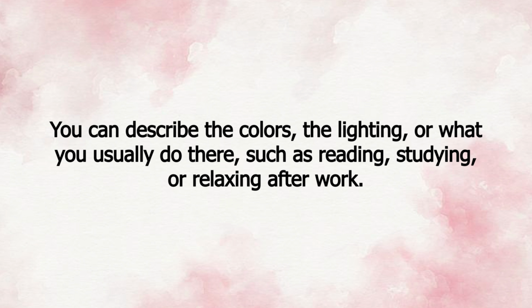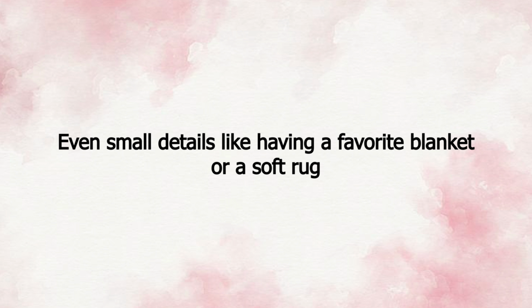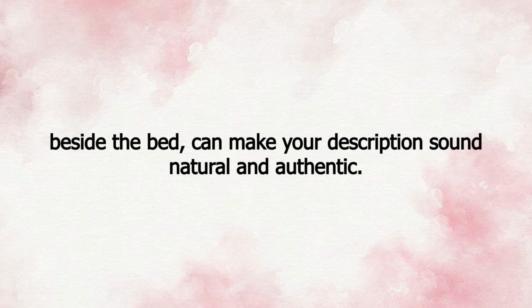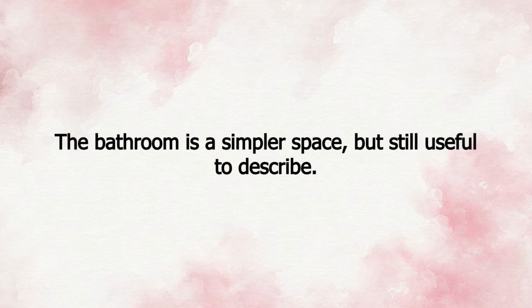You can describe the colors, the lighting, or what you usually do there, such as reading, studying, or relaxing after work. Even small details like having a favorite blanket or a soft rug beside the bed can make your description sound natural and authentic.